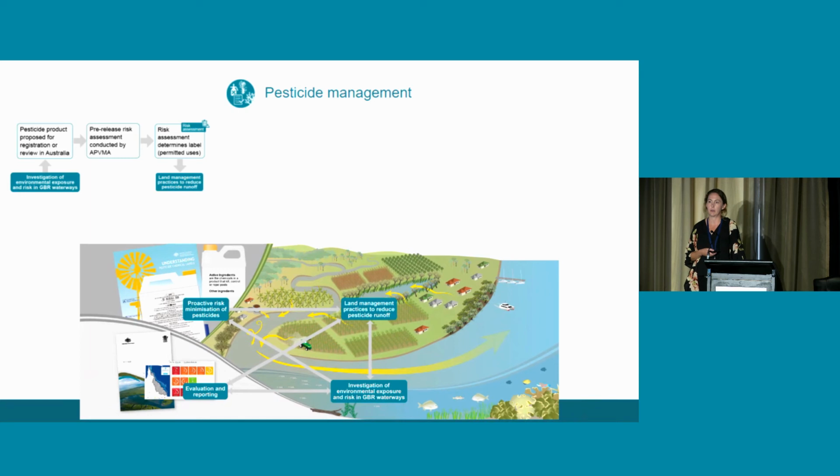There's a risk assessment that's conducted, and that develops the label conditions in which a pesticide can be applied, and that is a regulated condition. So that means that they have to use those pesticides based on the conditions that are developed there. So that's before pesticides are ever used on a paddock.